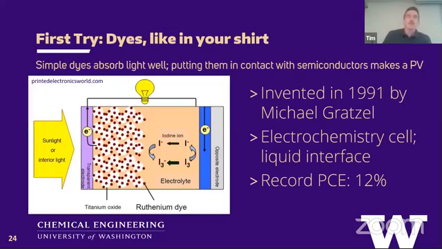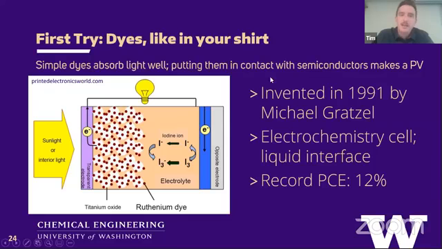And this was first thought of and incepted by this Swiss chemist, Michael Grätzel, in 1991. And his idea was very interesting because it kind of mirrors how humans have used colors through history and tried to use sunlight in various interesting ways.